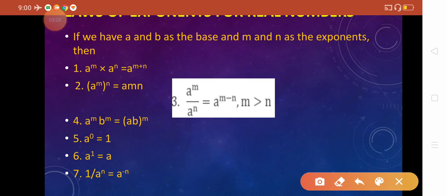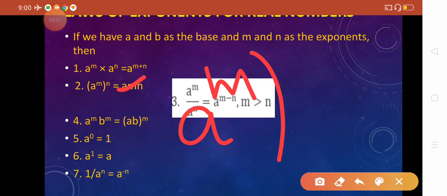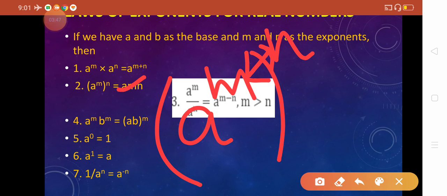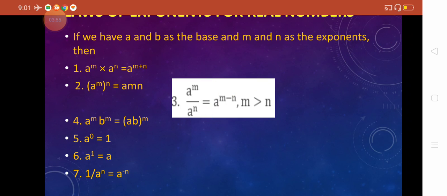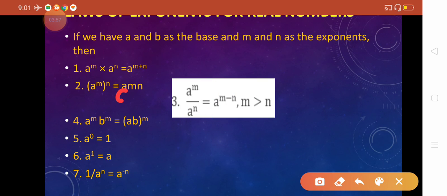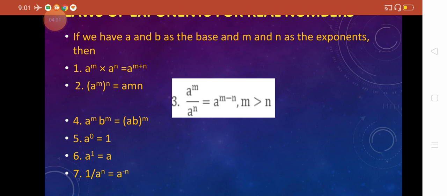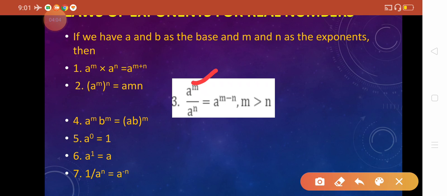The second law is a raised to power m, bracket raised to power n. That means first we have a raised to power m, and then the complete value has a power of n. So you multiply both powers and write it as a raised to power m multiplied by n. The third one: a raised to power m divided by a raised to power n.